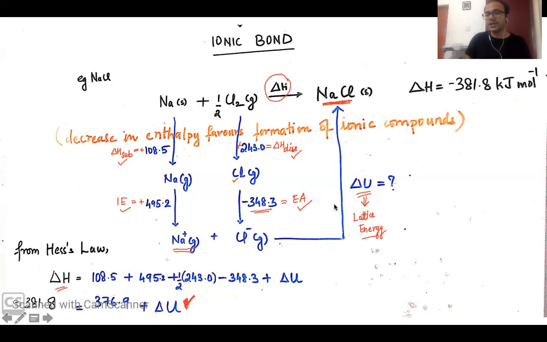When gaseous ions combine to give you 1 mole of an ionic compound, the energy released in the process is referred to as the lattice energy. Lattice energy is the contributing factor towards the formation of an ionic compound. What lattice energy is and how it is determined is what we are going to study in the next video. Thank you very much for your attention.